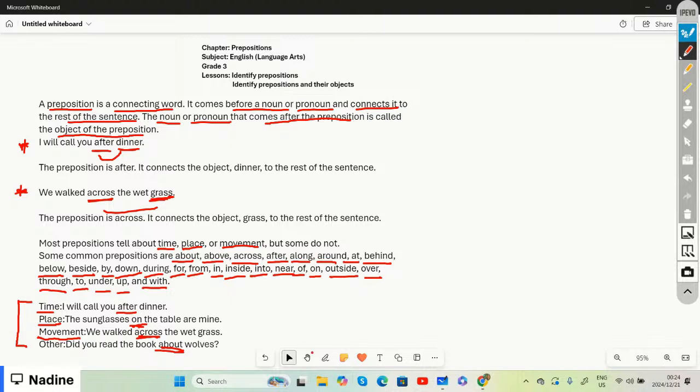So it's a connecting word that comes either before the noun or before a pronoun. It then connects it to the rest of the sentence.